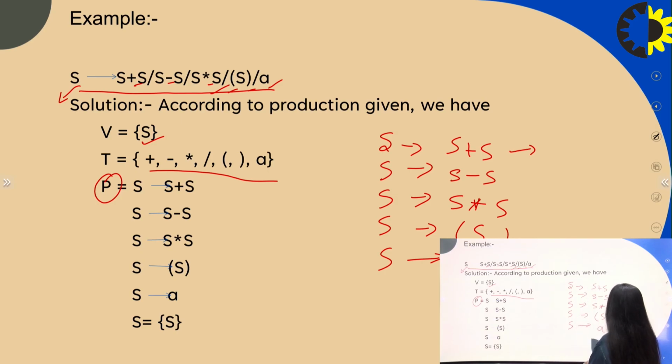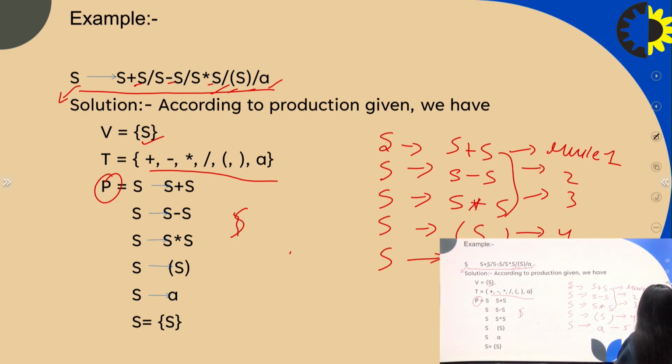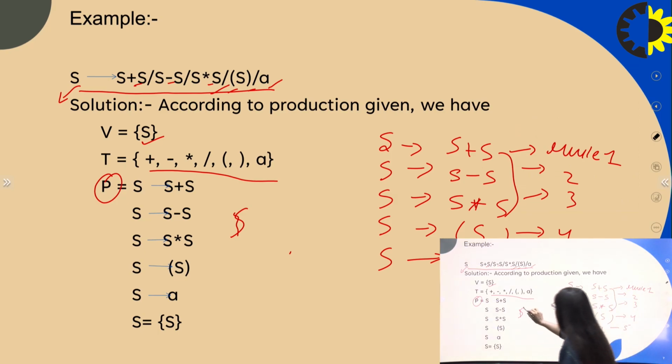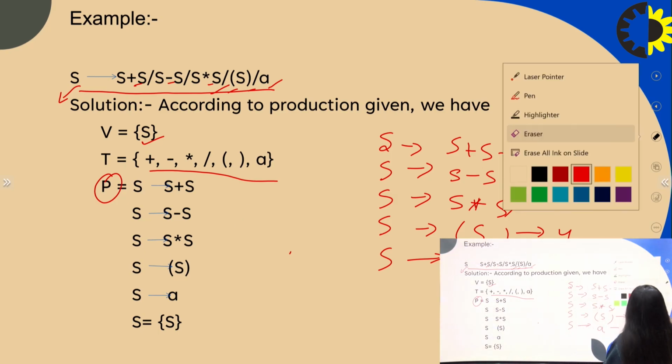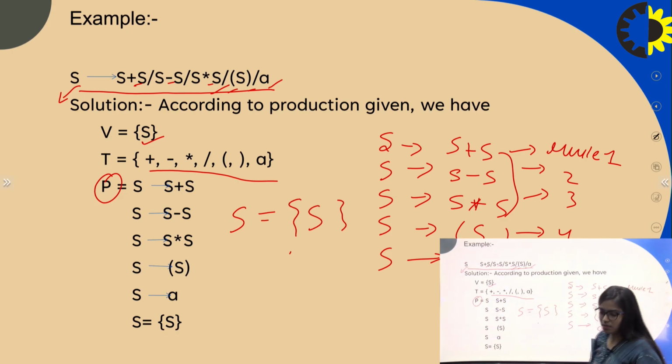There are five productions in this grammar: 1, 2, 3, 4 and 5. What is the start symbol in this grammar? S is the start symbol in this grammar.